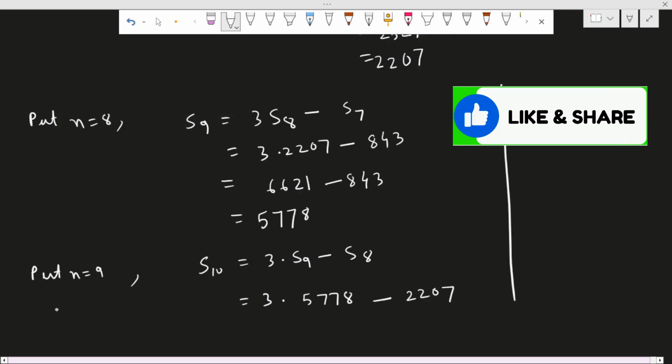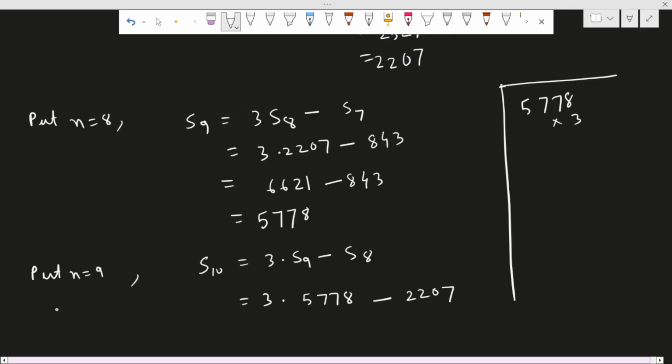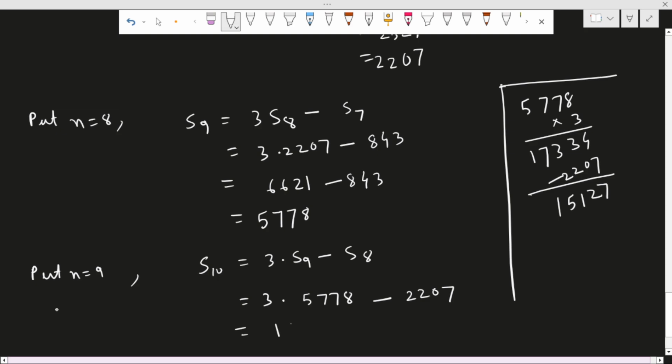Now here simplifying, 5778 into 3, minus 2207, that is equal to 15127.